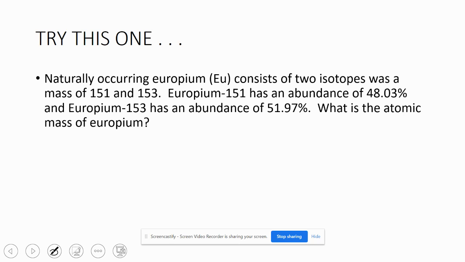All right, so let's set this problem up. It's pretty simple here. We know that 0.4803, and I'll write the full thing out, times the 151 is going to be equal to, let's go ahead and calculate that. 72.53, we'll round that.